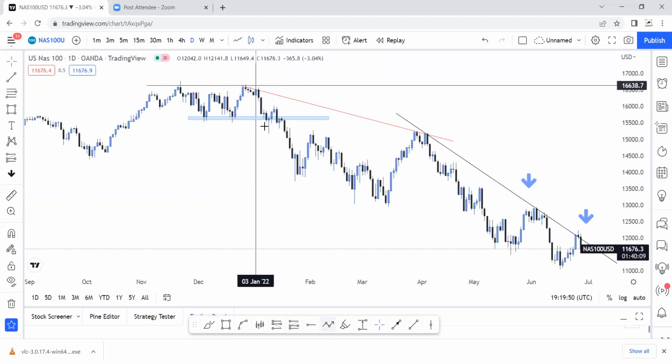Let me try to indicate it like this. It breaks into it again, break and retest, then finally goes down. I hope it's clear.